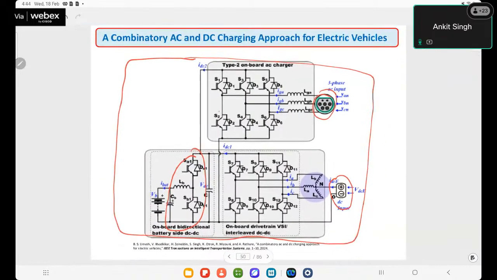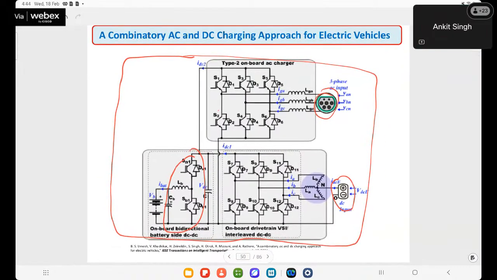When this concept comes, the power level in onboard charging can increase tremendously. With an onboard charger for the three-phase grid, we cannot increase the power much if we connect a three-phase system and AC/DC converter.